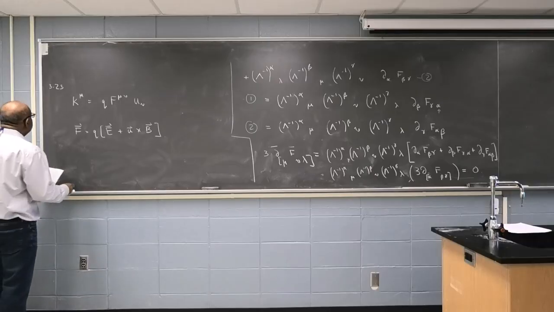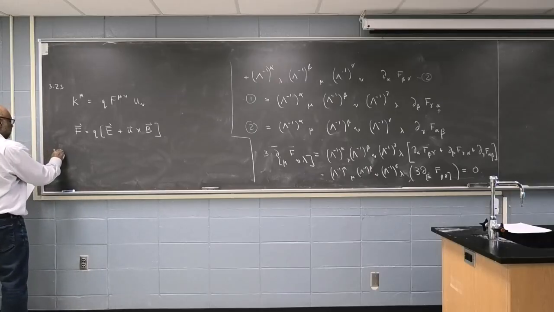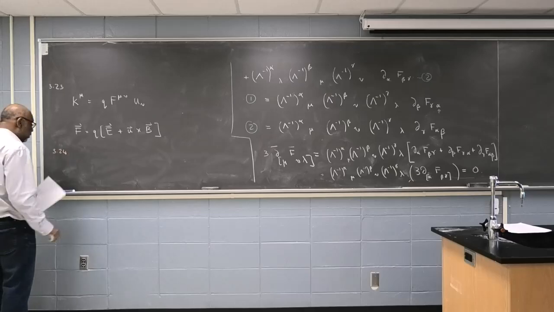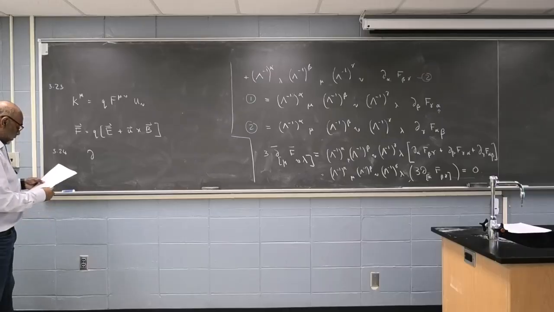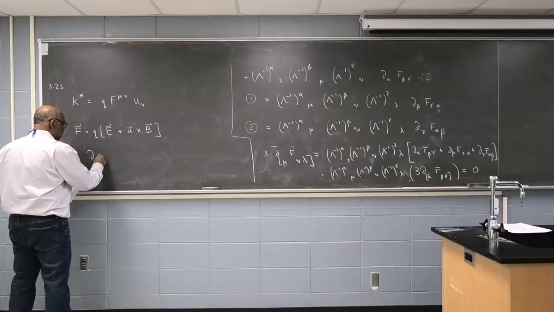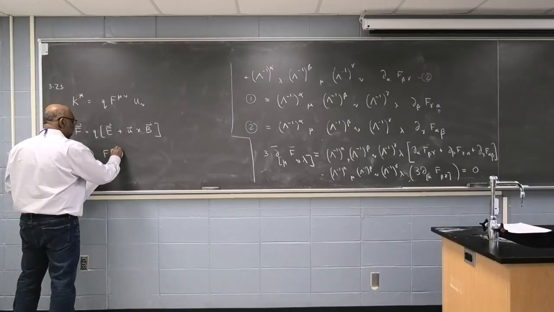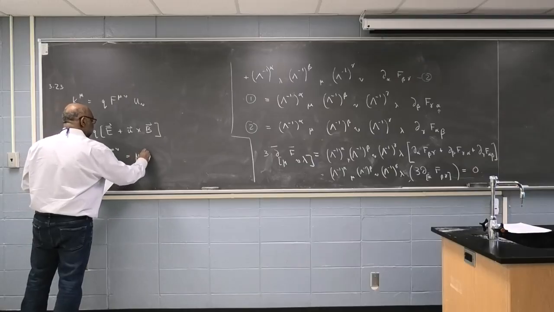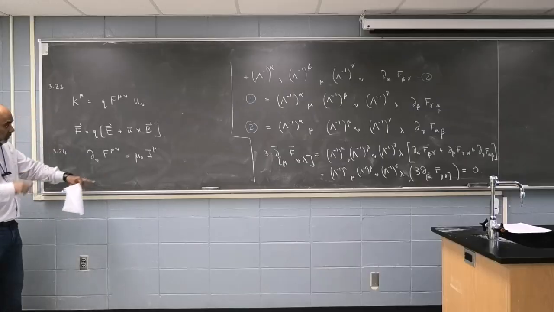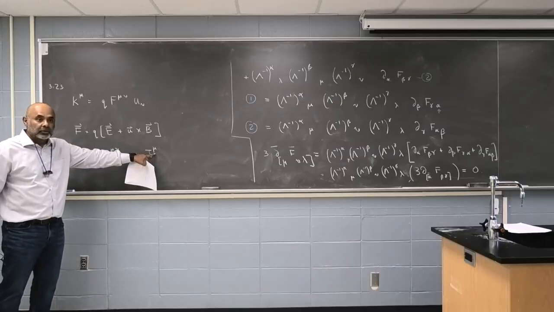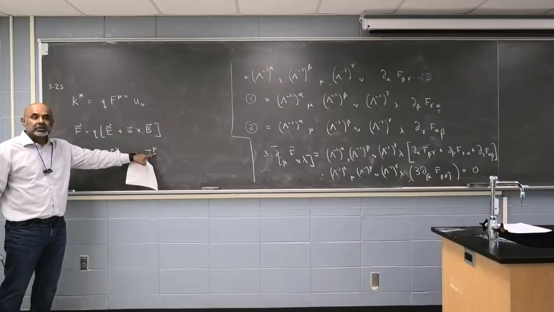The next one, 3.24, I would like for you to verify the inhomogeneous Maxwell's equations. d nu f mu nu is equal to mu 0 j mu. So when you put mu equals 0, you should get divergence of E equals rho over epsilon naught.